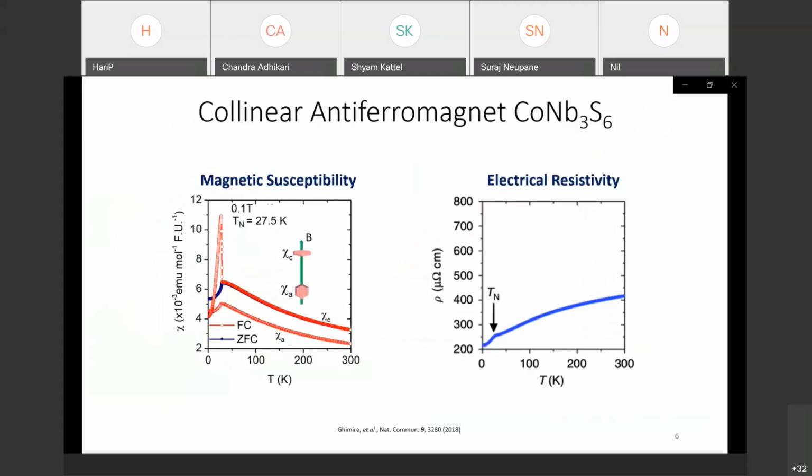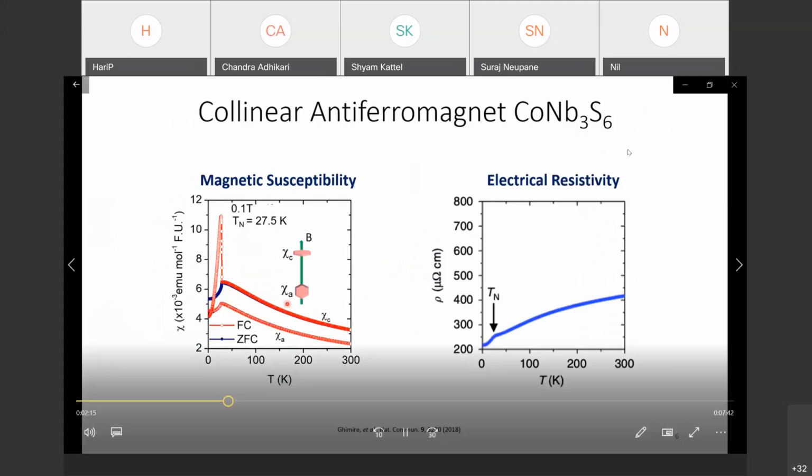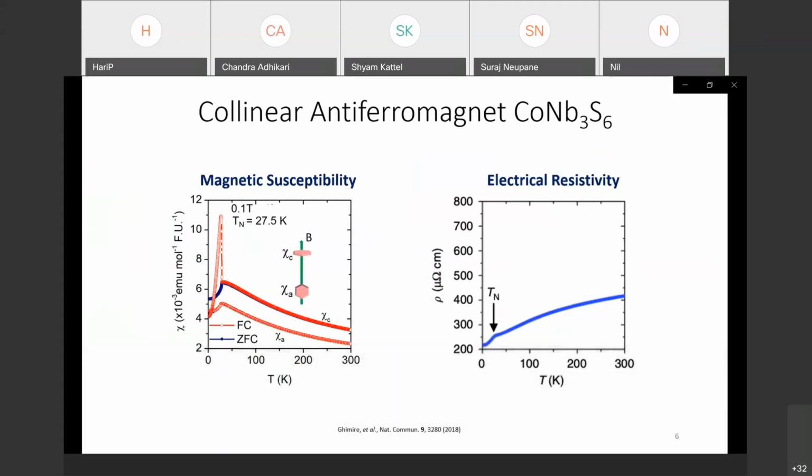And continuing further with background information on cobalt niobium-3 sulfur-6, the parent compound used in our study, the susceptibility here shows a magnetic transition at 27.5 Kelvin. Additionally, complex behavior was shown when field was applied along the z-axis. And on the right is the electrical resistivity, which shows the Néel temperature also at 27.5 Kelvin.